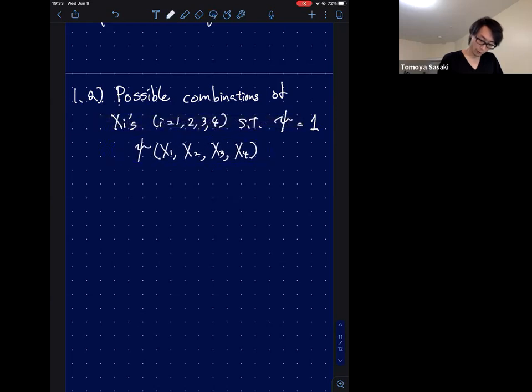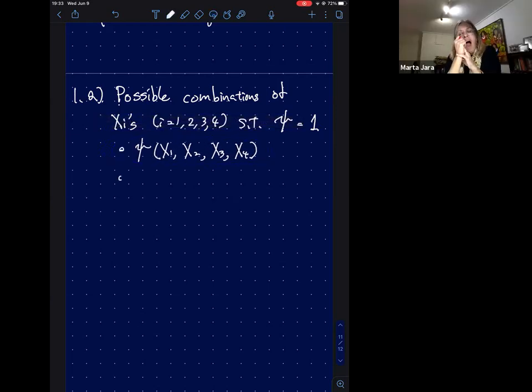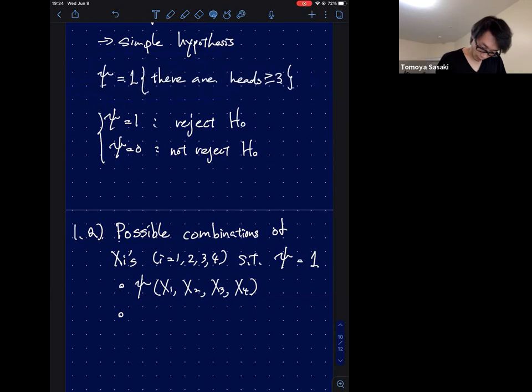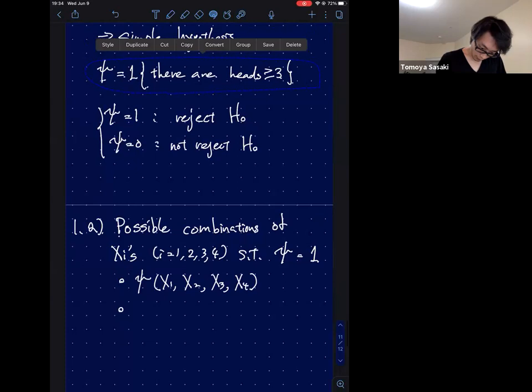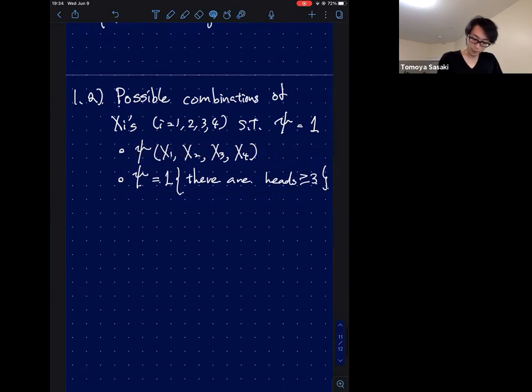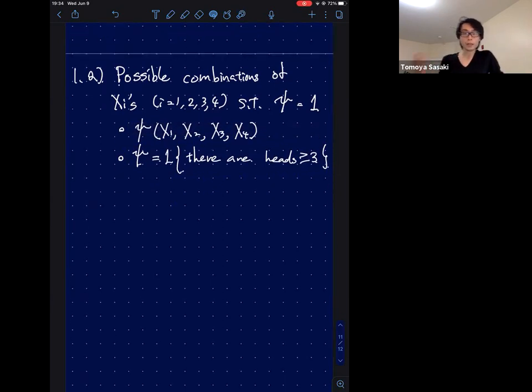This condition is by definition, and from the setup we know that psi is equal to 1 when there are 3 or more heads among x1, x2, x3, and x4. So this is what we're asking.